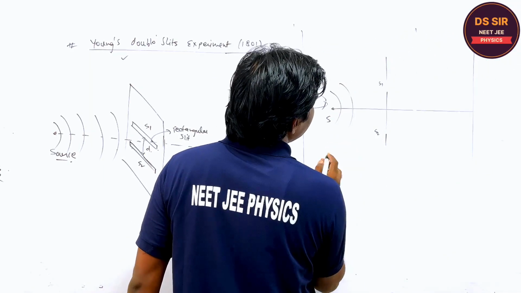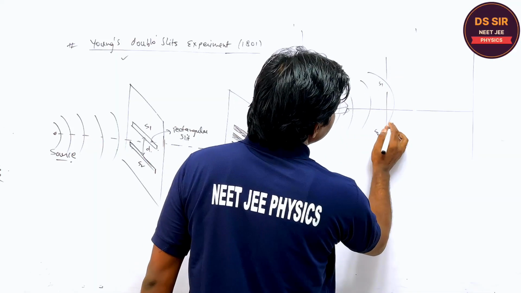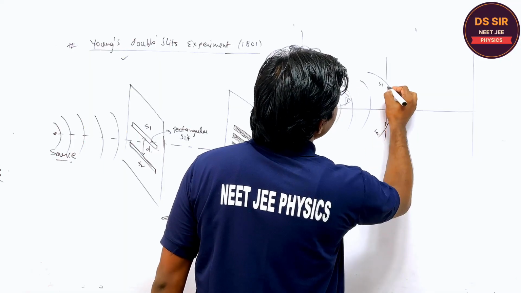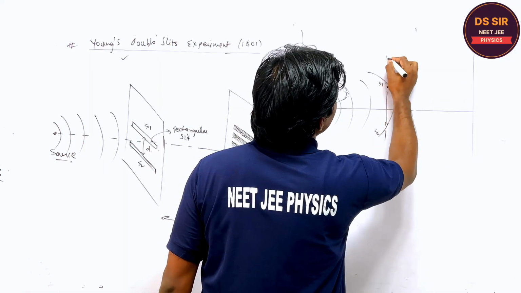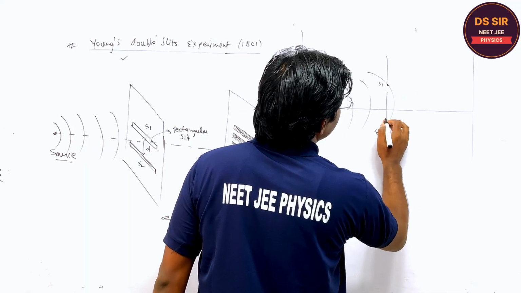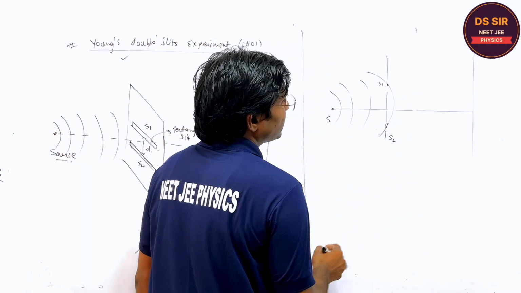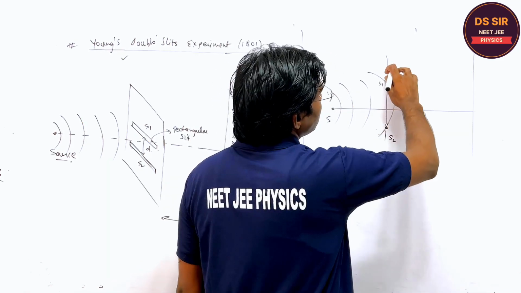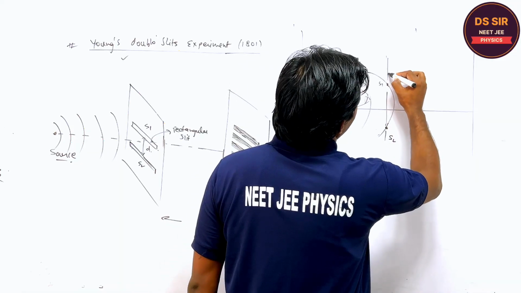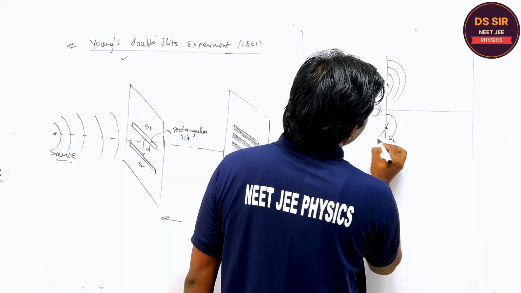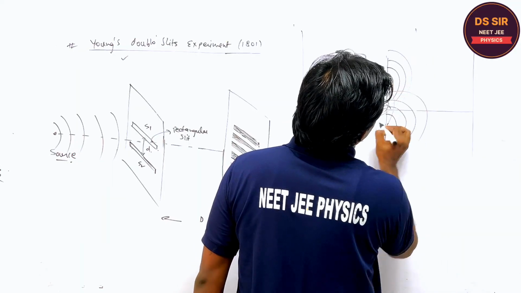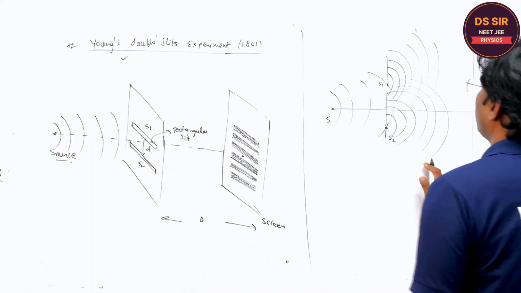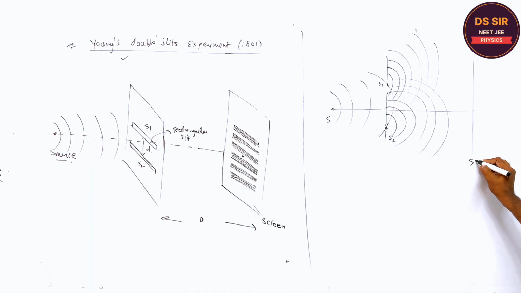When the light reaches these two slits, according to Huygens principle, every point on the wavefront acts as a new source of light, and in the forward direction spherical wavefronts emerge. These waves interfere, and interference is produced on this screen.